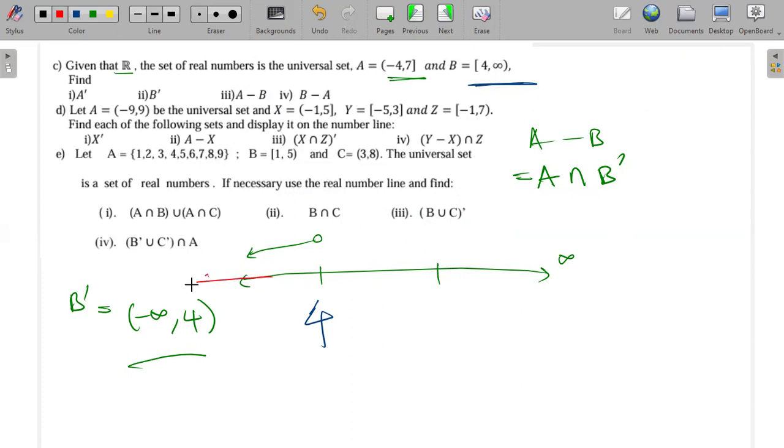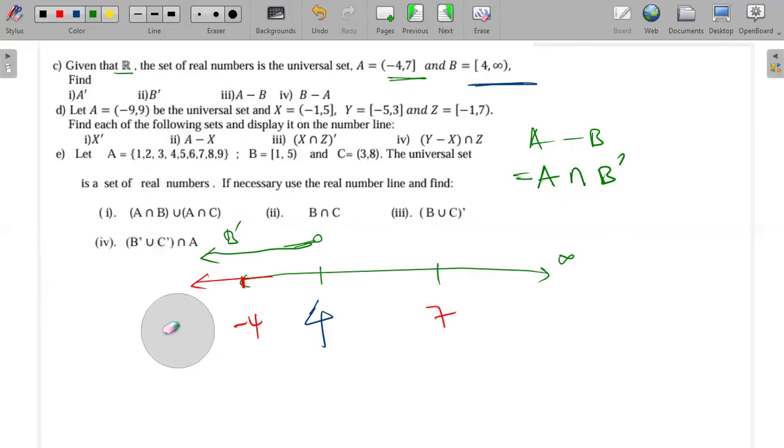Let me extend this here, and let's say our -4 is here, and our 7 is here. So we could extend B complement like this, open there. So this is my B complement. I've already plotted my B complement there.